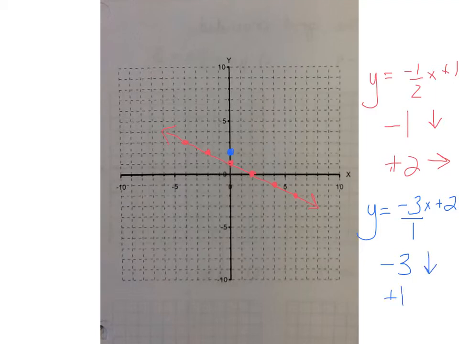Which way does that positive 1 go? It goes to the right. So every time you go down 3, you have to go over 1 spot. So down 3 over 1. Okay? And then I'm going to erase that because it's not good to have that. And then I'm going to join those dots. Okay?